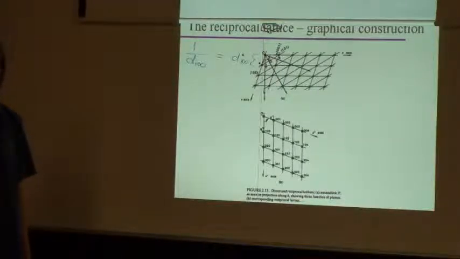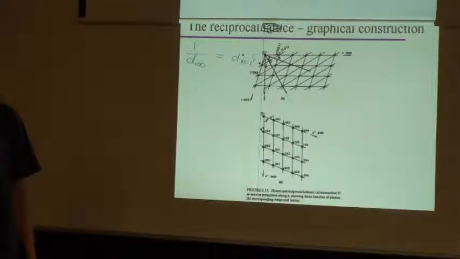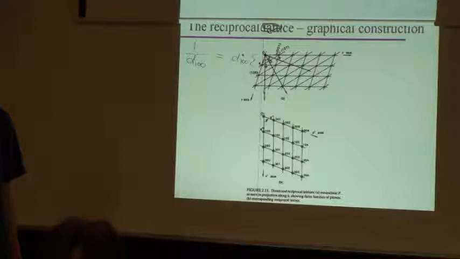Now the same way, on this drawing, we can find the 001 family of planes, right? Because this is the AC plane. Does anybody see the 001 family of planes?